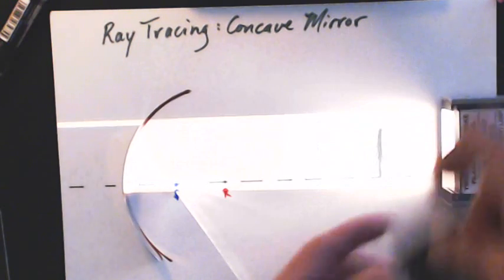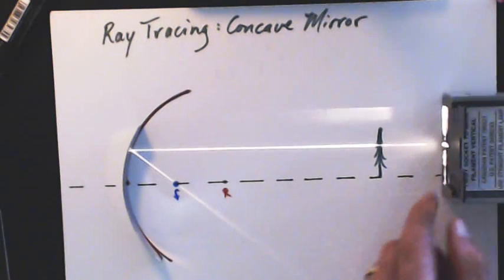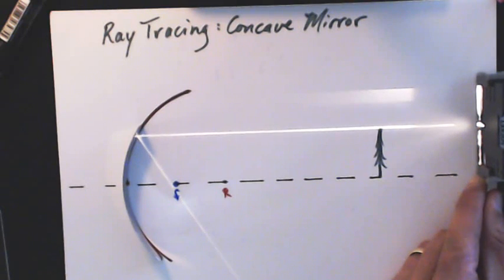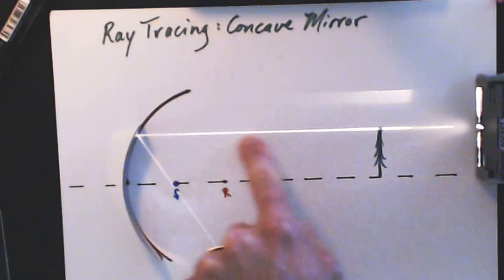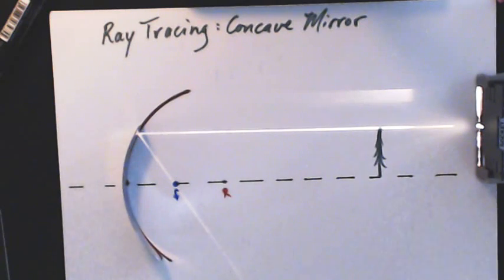So let's just get one ray here. And now let's bring in the ray from the top of the tree. It would come over, it's going to hit that, and look, it goes through the focus because it's a parallel ray. The parallel rays go through the focus.